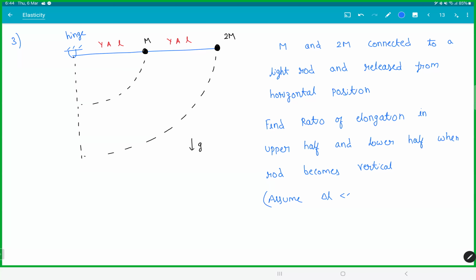I don't want the length of the rod to change, because if this comes here, then this will be 2L plus delta L. You'll get messed up. We don't want to include all that stuff.